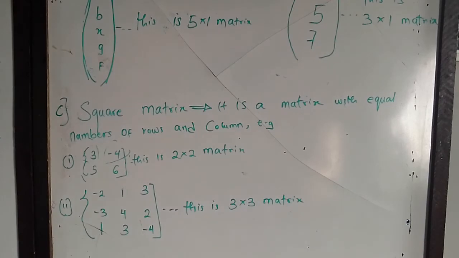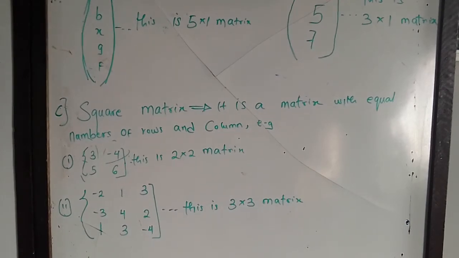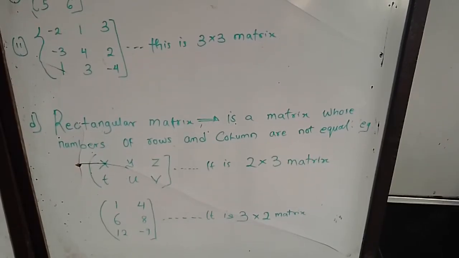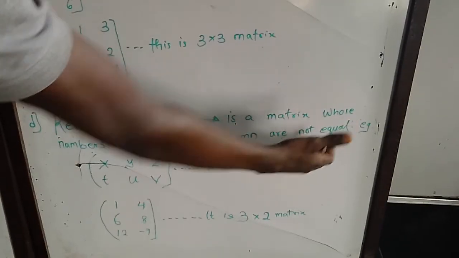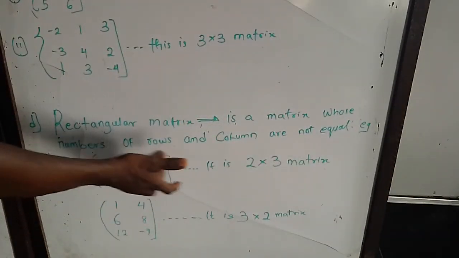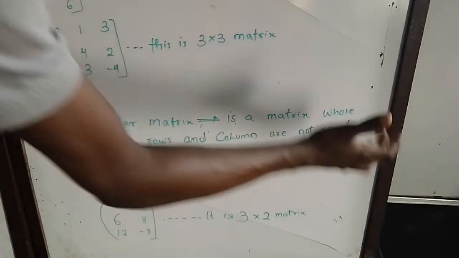The fourth one is the rectangular matrix. A rectangular matrix is a matrix whose numbers of rows and columns are not equal.